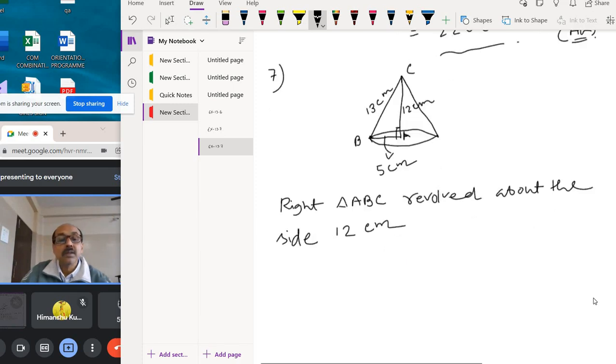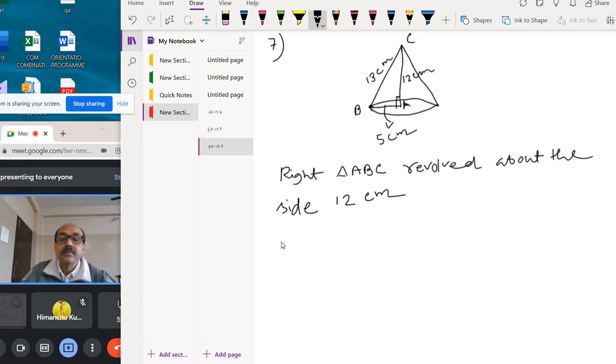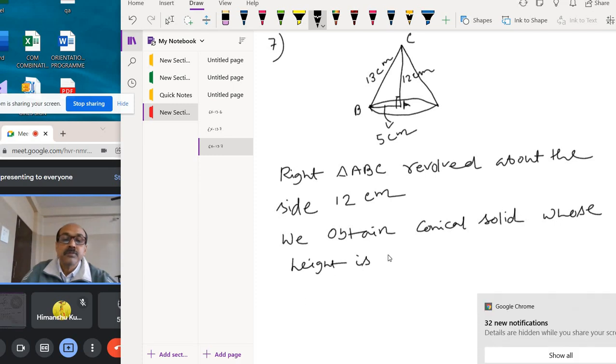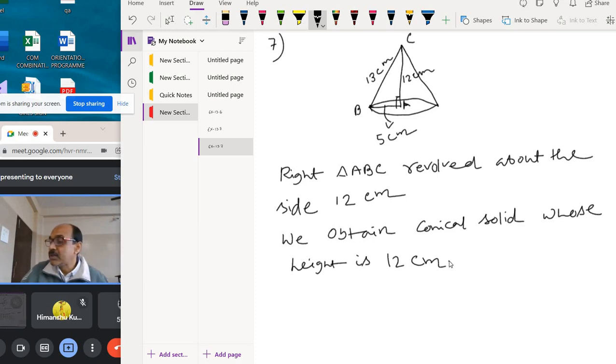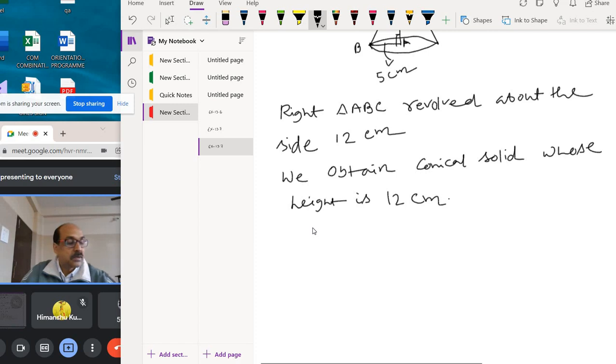We obtained a conical solid whose height is 12 centimeter and radius of the cone is 5 centimeter.